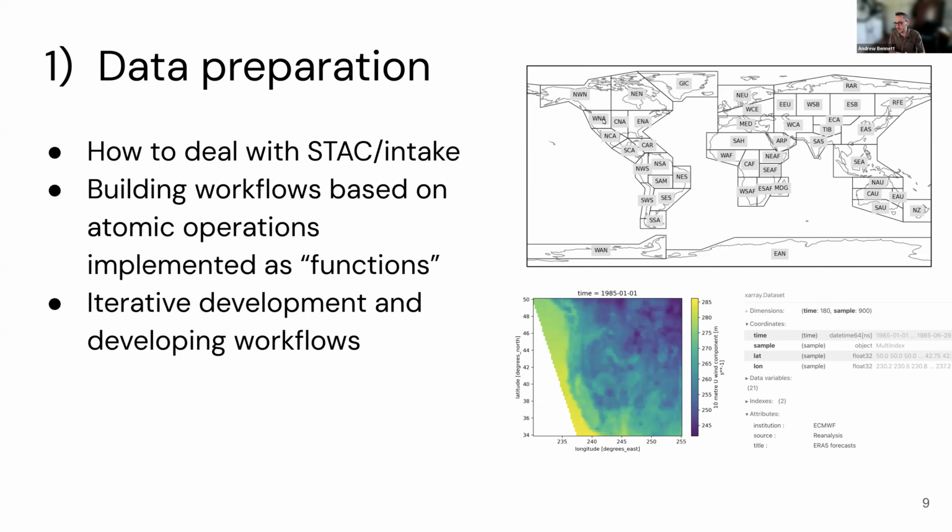How do you stack it into a sample dimension which has multiple variables? Things like that you do in your machine learning workflows that aren't really well documented in scientific literature. And also really focusing on iterative development and developing workflows. So we always go, okay, what's the next step? Okay, how do we roll that back into the overall workflow?